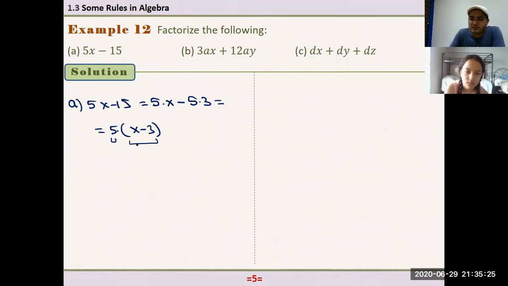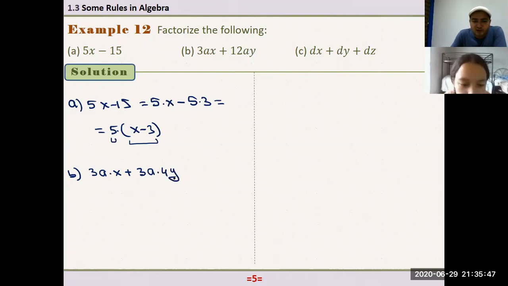That is called factorization. B, for example, let's say here we have 3ax plus 12ay, right? I can write this 3ax as 3a times x plus, how about this 12y? We can write it as 3a times 4y, right?